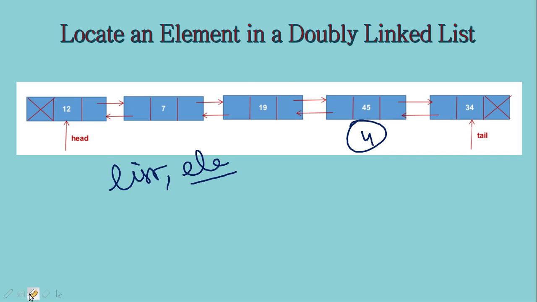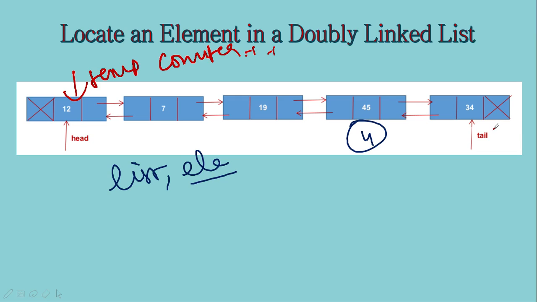We have to initialize temp to the first node, and then we should have a counter also to keep track of the position. Then we check whether the element is equal to the data part of the node pointed by temp. If it is not equal, then we move temp to the next node and increment the counter till we move outside the list.